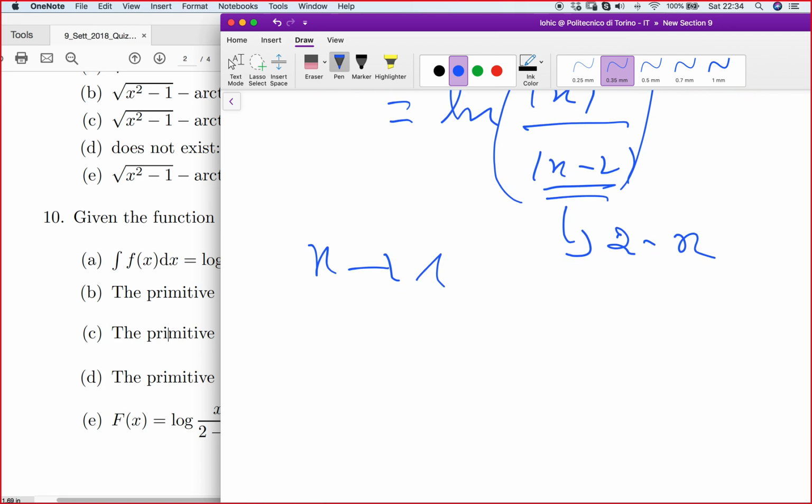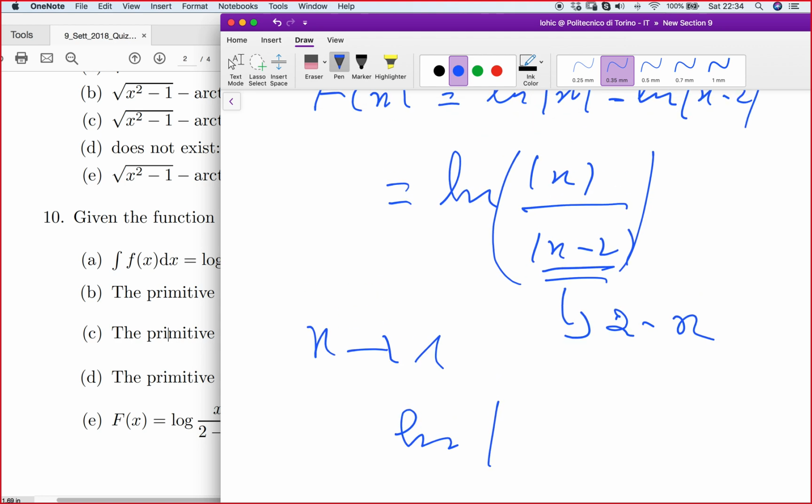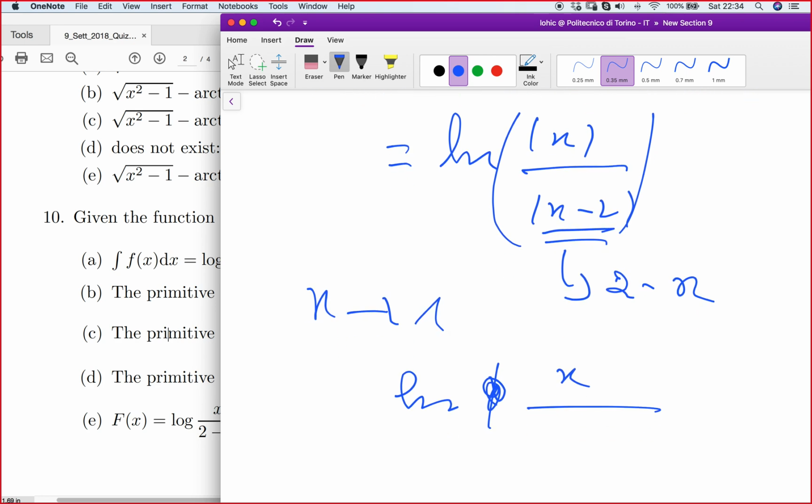That's why the primitive when x tends to 1 is the logarithm of x over 2 minus x. On top, x is positive, so I can eliminate the absolute value, but on the bottom, I write 2 minus x to make it positive. That's why. Is that clear now? Okay, good.